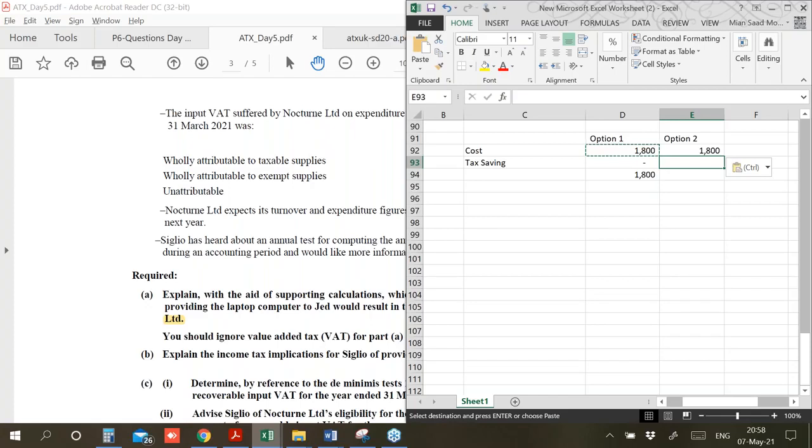However, as we have calculated, the company will be able to make 314 of tax savings. And you know how this 314 has been calculated: the difference between the balancing charge and the capital allowance, times 19%. So you tell me, which option results in a lower after tax cost? Till here, option 2 results in lower tax cost.